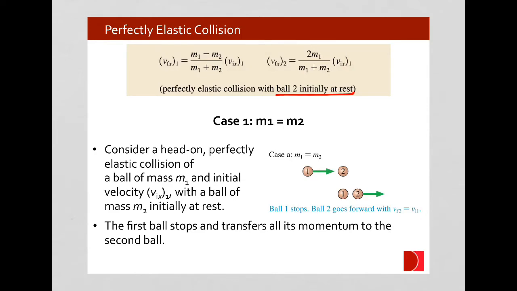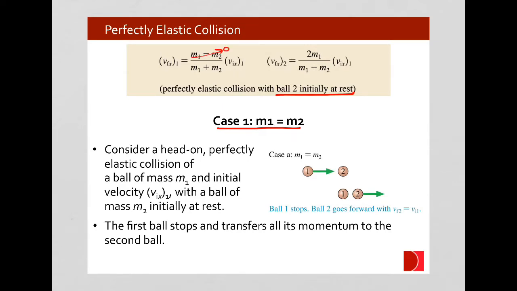We'll look at a couple situations here. The first is if the two objects have the same mass or have very similar masses. In this situation, we can look at what each velocity ought to be. We see here, if m1 and m2 are about the same, then this term here is approximately 0.